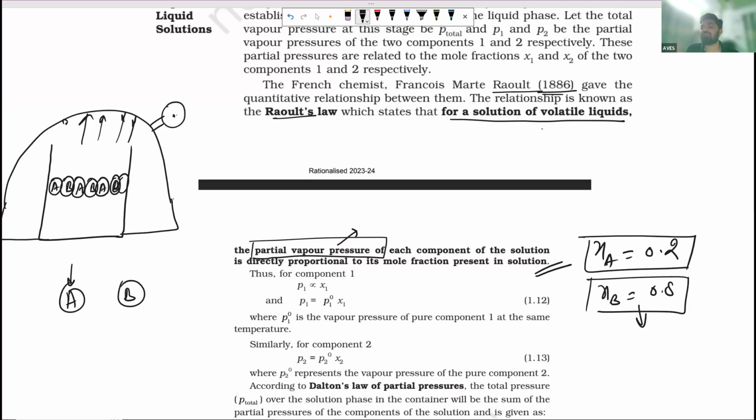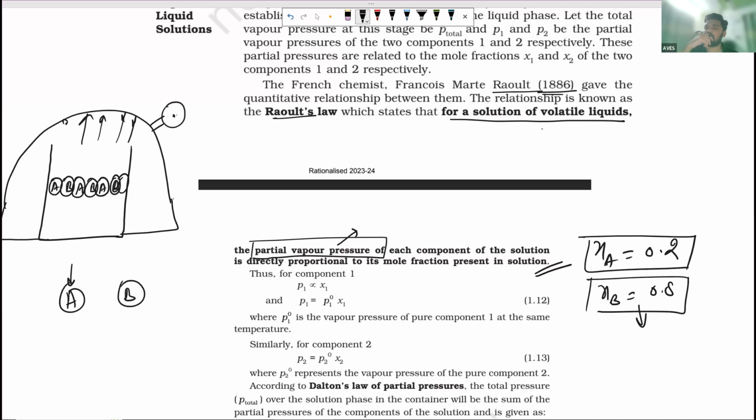So if I ask you which substance in the vapor phase will exert more pressure, meaning partial pressure, which will be exerting more pressure? Simple: the mole fraction of B is more, so B will exert more pressure.